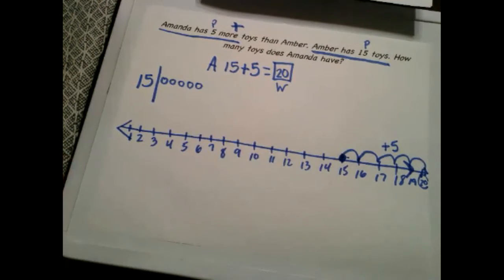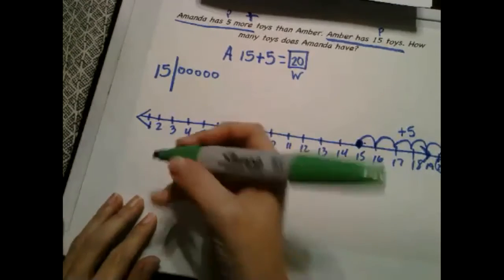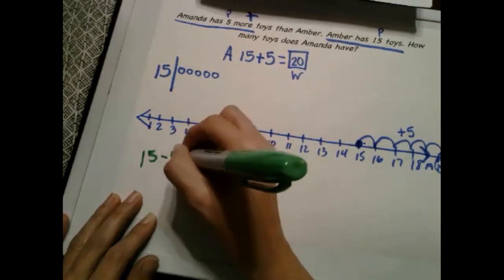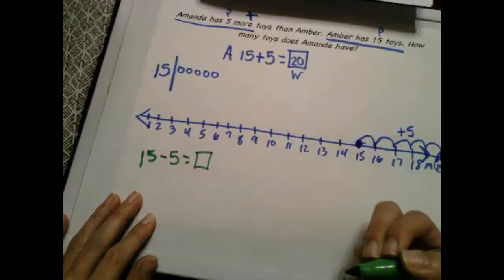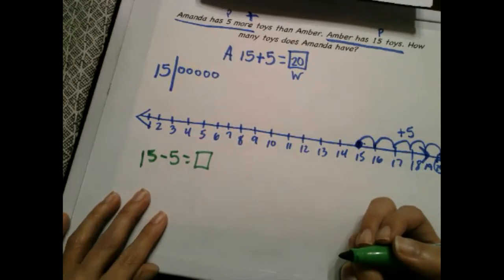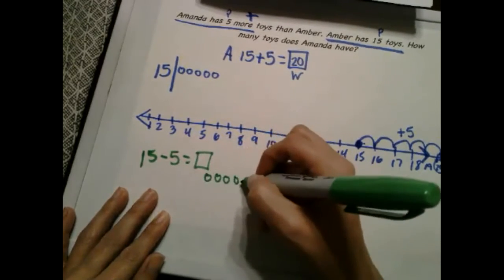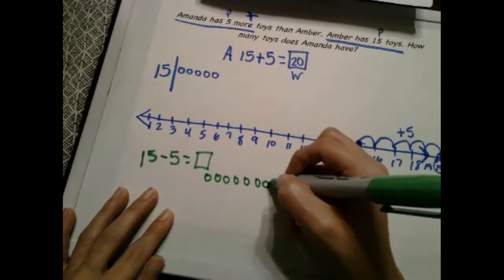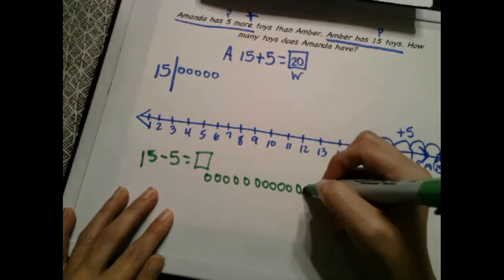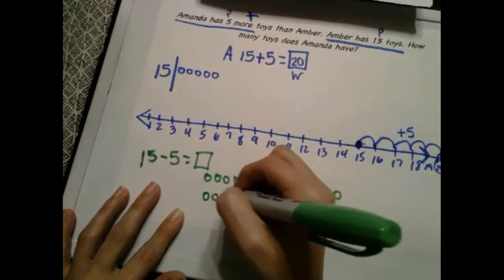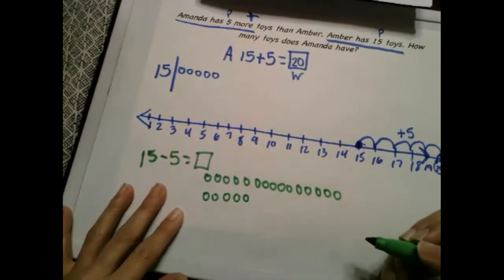A misconception that someone might have thought when they were doing this problem was 15 minus 5 equals box. They may have shown their 15 counters and their 5 counters.